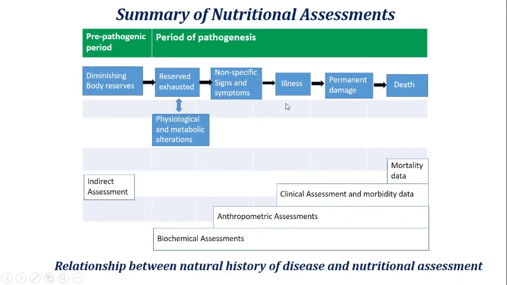So after the illness or the disease occurs, clinical signs will show the permanent damages. These signs might be observed as permanent damages, like, as I explained earlier, the goitre and the malformation of bones and other things.